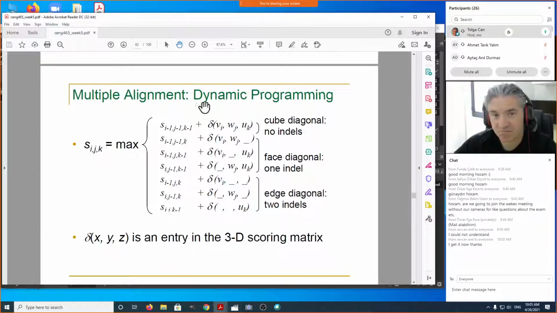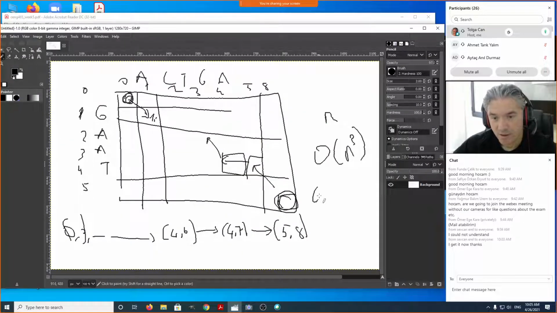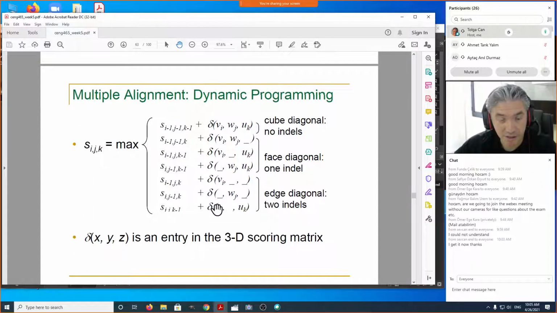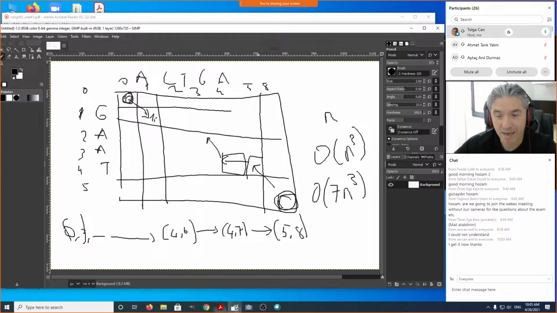It's always 7. So when you write it like this, O(7n^3), because I have n^3 such cells to fill in. To fill in each one of them, I have 7 options. I compare these 7 things with each other and find the maximum in constant time, which is equal to O(n^3).